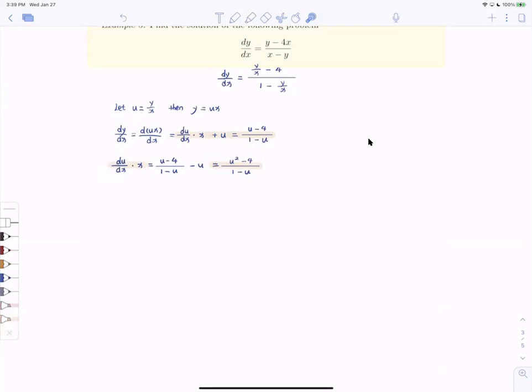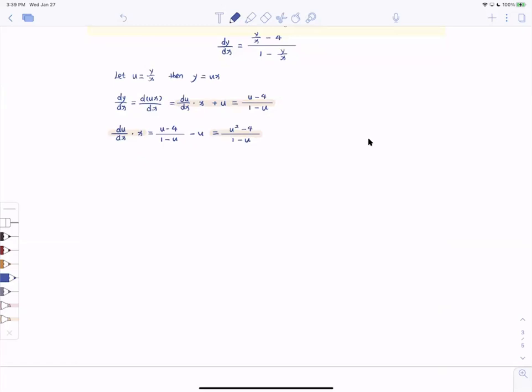Okay? So now you can use separation of variables. So now we have the integral of 1 over x dx equals 1 minus u over u squared minus 4 du. So this side will give you ln x equals, okay, now how do we do this? Anyone remember?